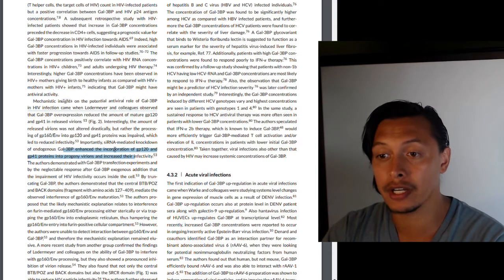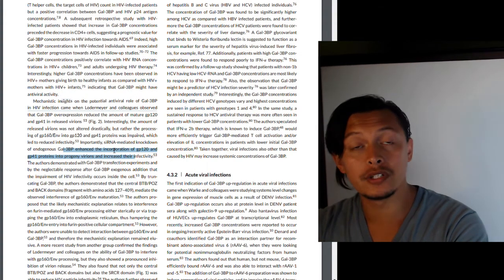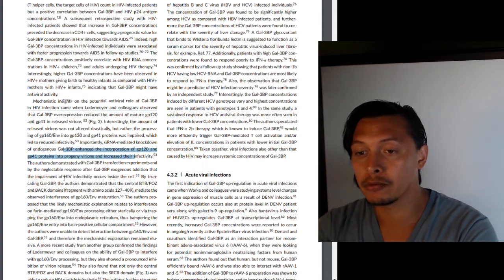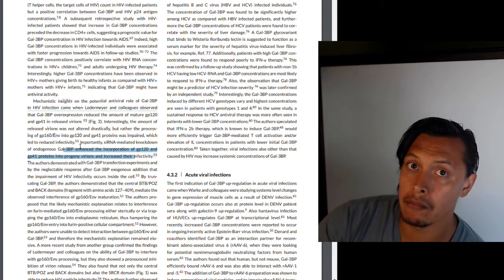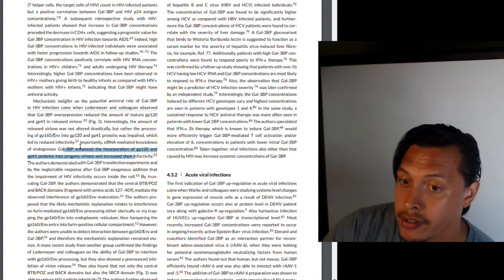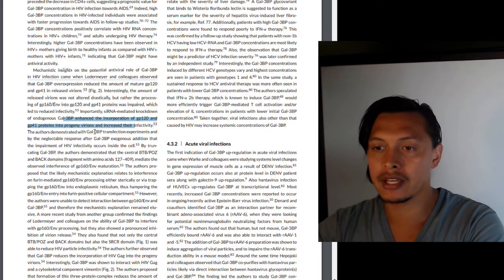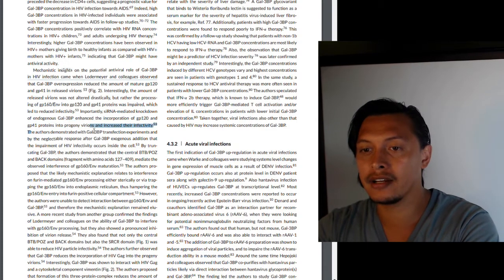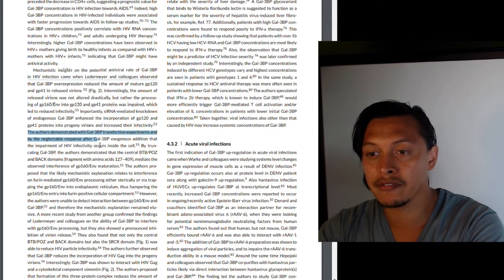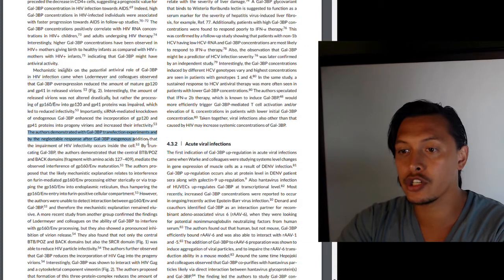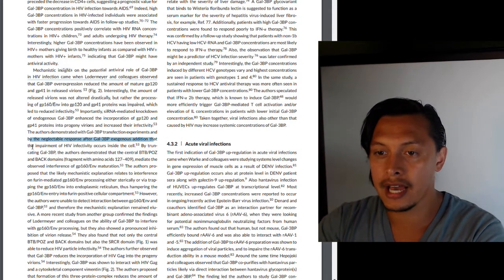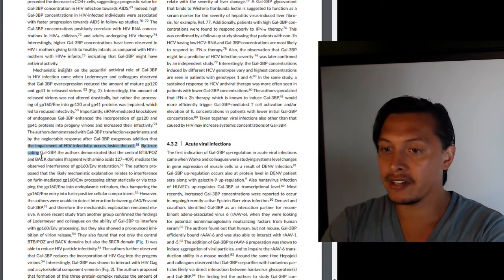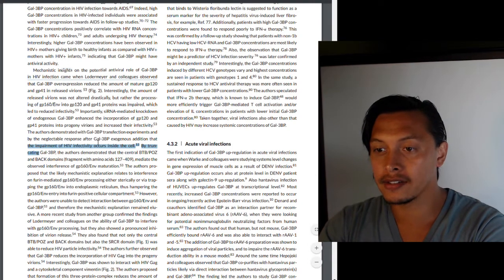So if you downregulate Gal3 BP, you end up creating more infectious viruses. So the authors demonstrated with Gal3 binding protein transfection experiments and by the negligible response after Gal3 binding protein exogenous addition that the impairment of HIV infectivity occurs inside the cell.